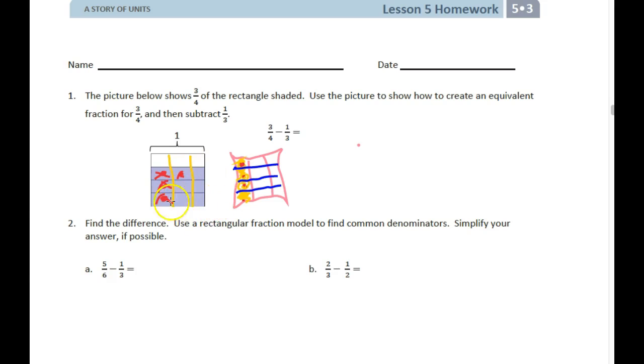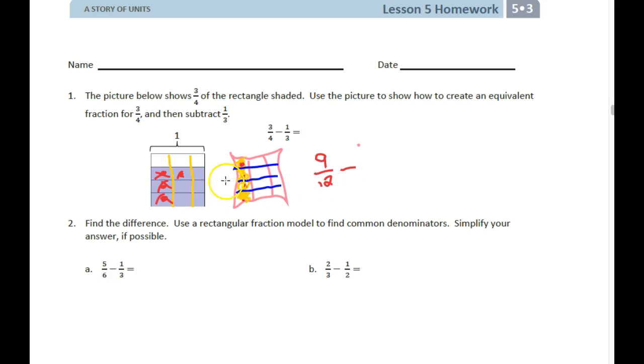Now to actually answer it as fractions, we can see in this case that this became 1, 2, 3, 4, 5, 6, 7, 8, 9, 10, 11, 12 pieces total. So 12 pieces total. How many were covered? 3, 6, 9 of them were colored.